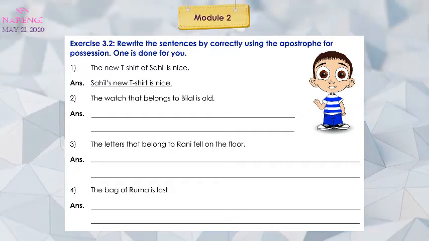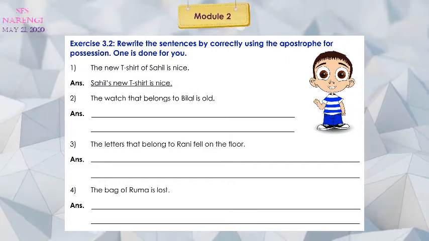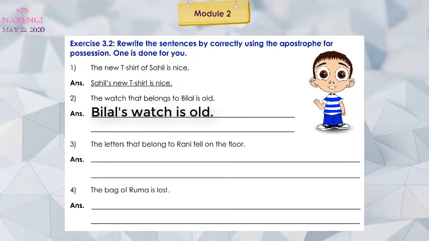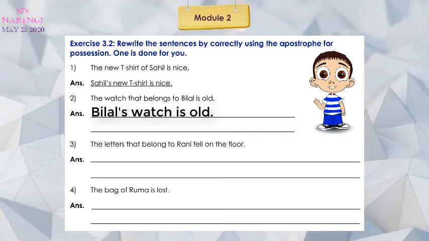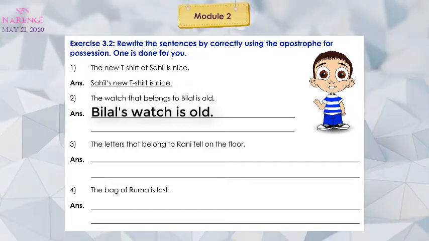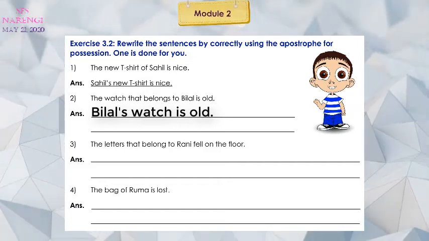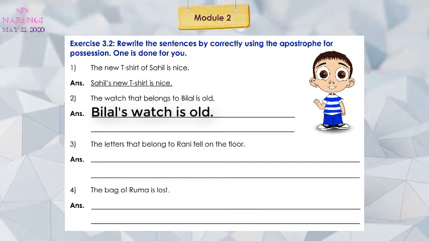Got it? Come to question number 2 now. The watch that belongs to Bilal is old. Answer is Bilal's watch is old. So in here the watch belongs to Bilal. It is his possession, right? Come to number 3. The letters that belong to Rani fell on the floor.